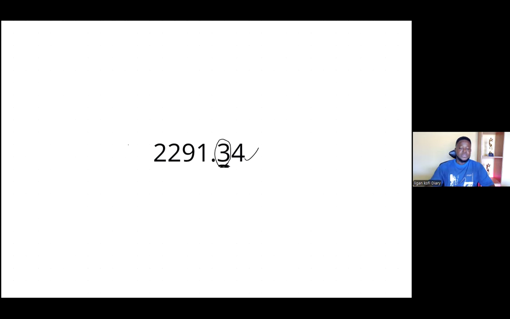So the 4 you are seeing here, which is the pipette, will have to go 5, 6, 7, 8, 9. When it becomes 10, this 4 will become 0, and then the 3 here will become 4. The same way, if it is reducing in price, it has to reduce from 4 to 3 to 2 to 1. When it becomes 0, then this 3 here will also reduce and become 2.